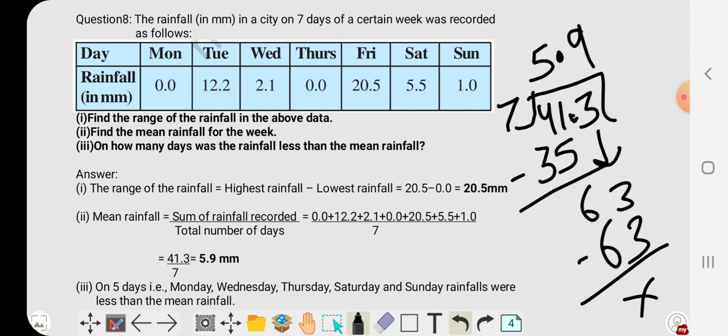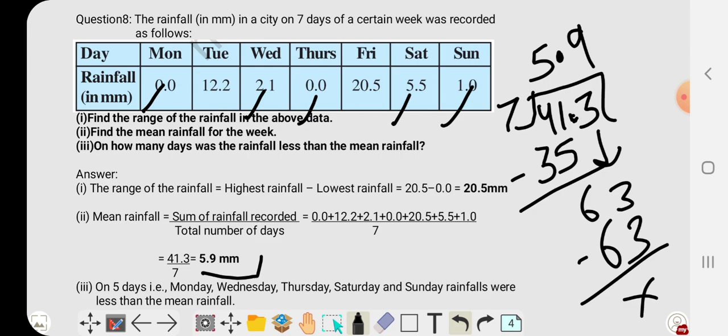Question number 3 is on how many days was the rainfall less than the mean rainfall. This is the mean rainfall and you have to check on which day the rainfall was less than 5.9. So on 5 days: Monday, Wednesday, Thursday, Saturday, Sunday.